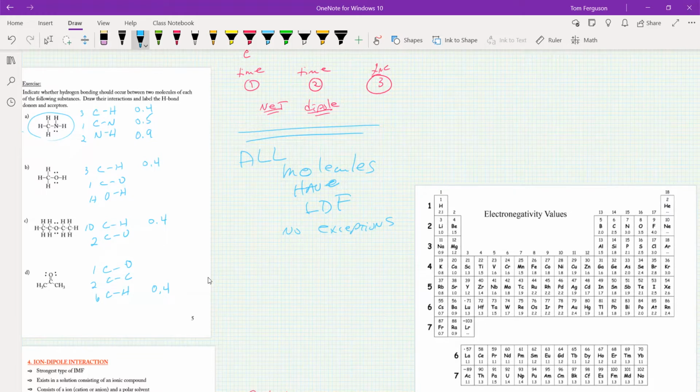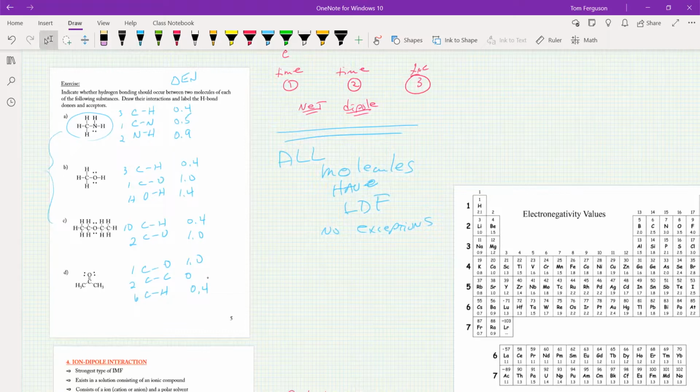CO down here is 1.0, because it's 3.5 minus 2.5, and OH is 3.5 minus 2.1, that's 1.4. And CC is going to be 0 because we have 2.5 minus 2.5. So these are the delta electronegativities for these pairs of electrons.